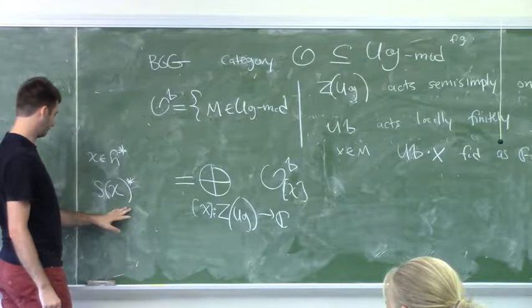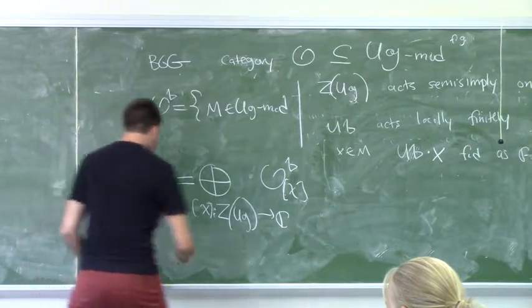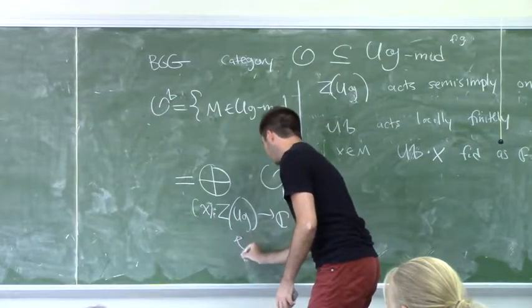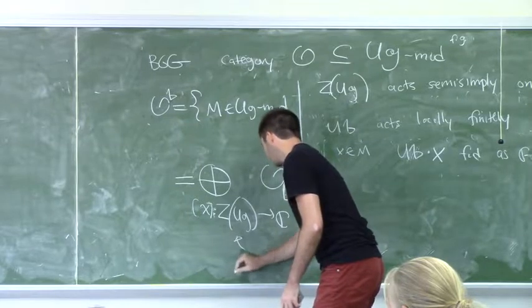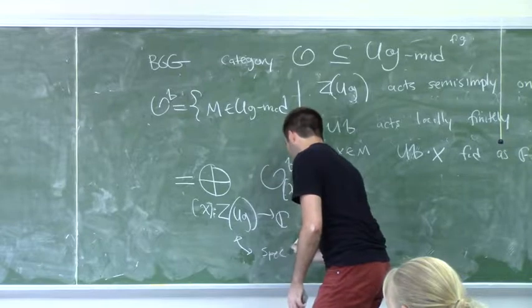I should say this in a better way. A better way of saying this is that there's a theorem. These guys are in bijection with points of the spectrum of the center.